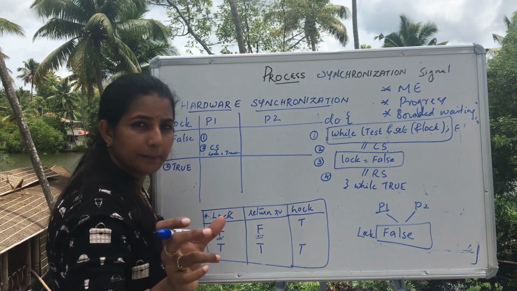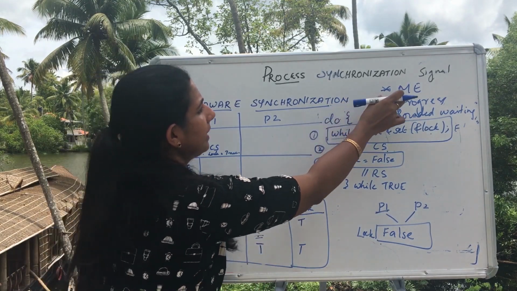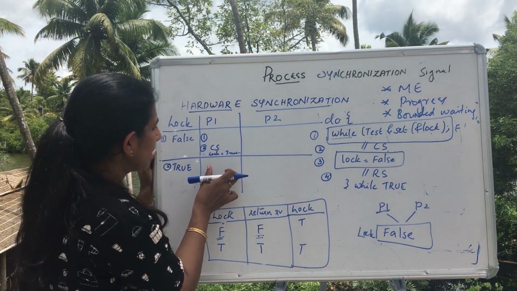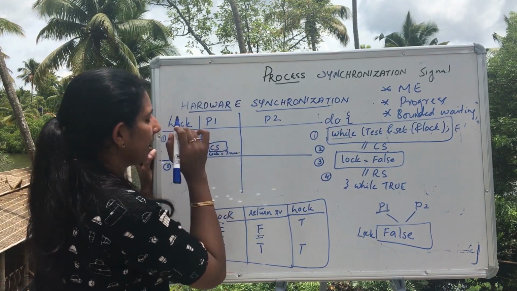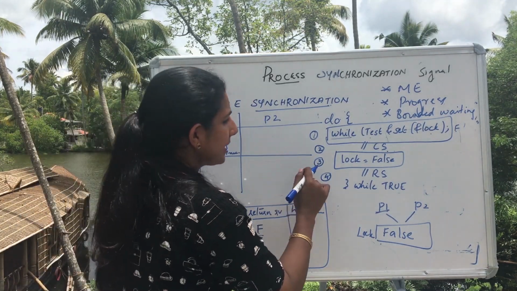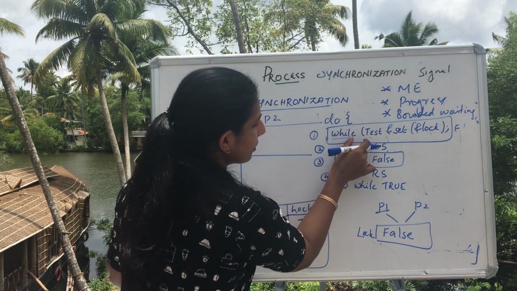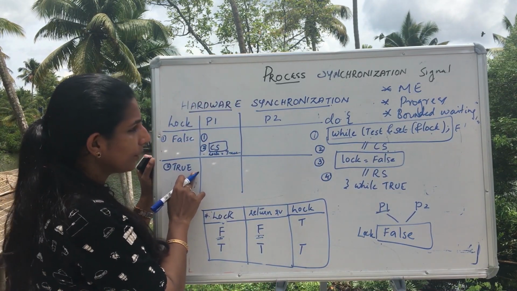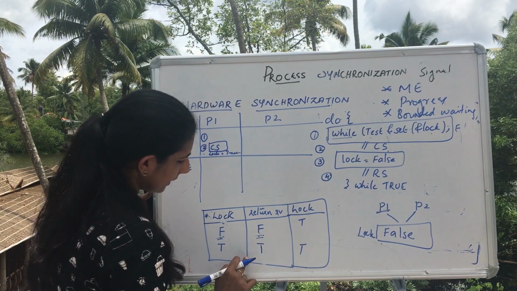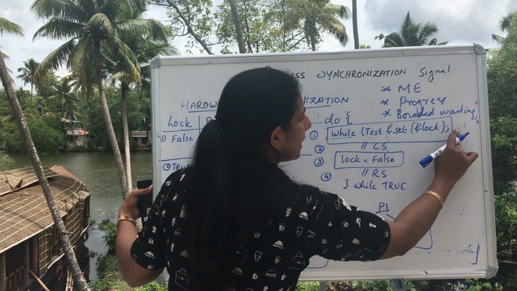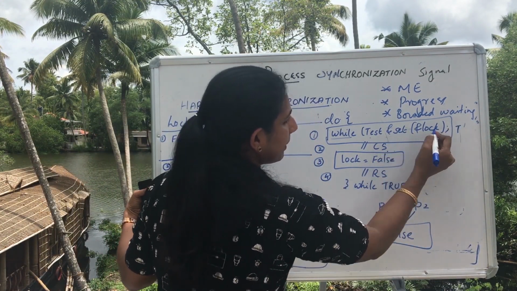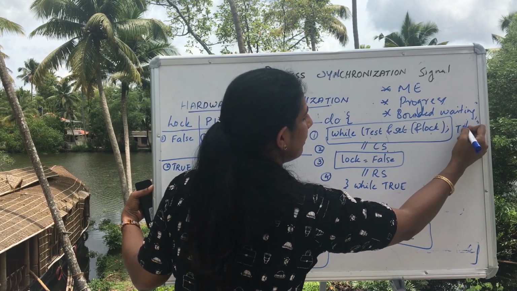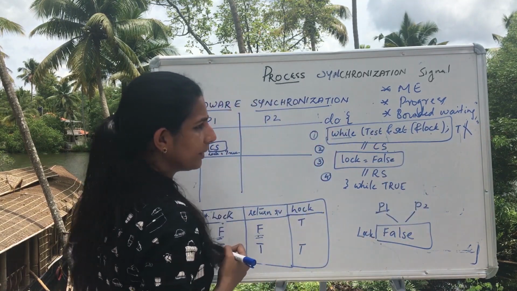As a requirement, P2 should not be allowed to enter into the critical section because P1 is executing the critical section. Let's see, if P2 tries, it has to run this while TestAndSet(lock). What is the lock value right now? True. So it will return the value true. So this condition becomes true and P2 will be blocked here itself without being allowed to enter into the critical section.